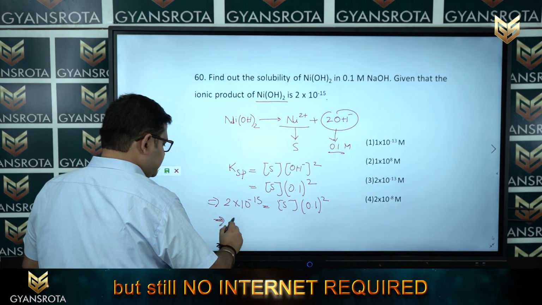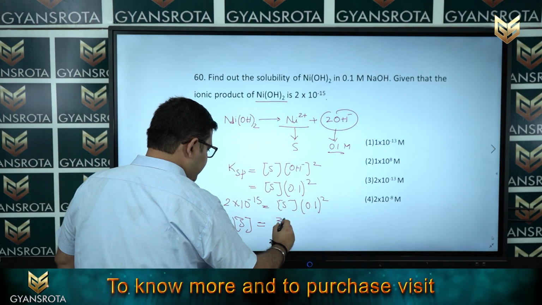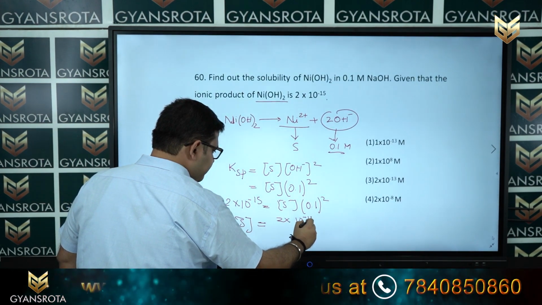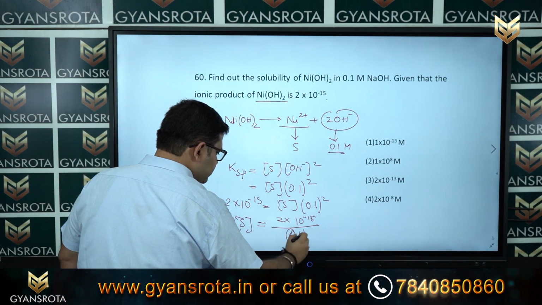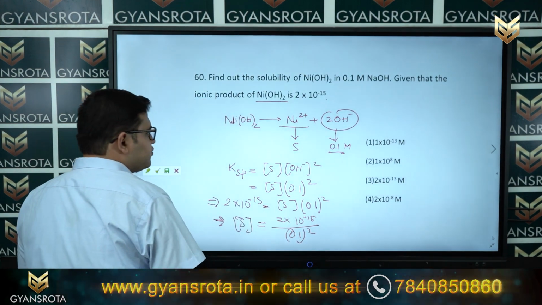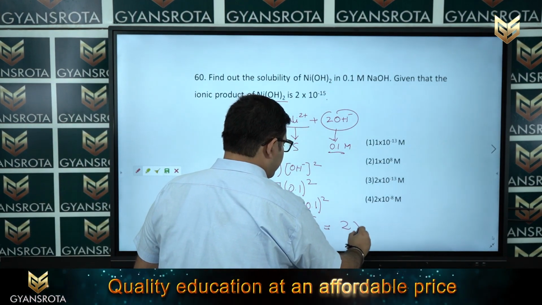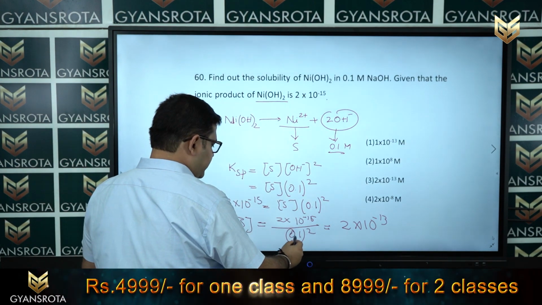Now, if you take S on the left hand side, you are obtaining 2 into 10 to the power minus 15 divided by 0.1 whole square. Now, if you solve this part, your answer ends up approximately as 2 into 10 to the power minus 13.